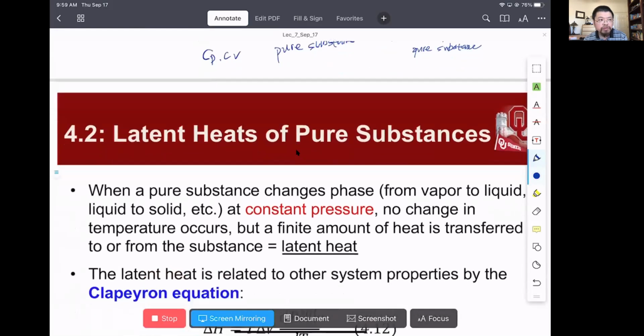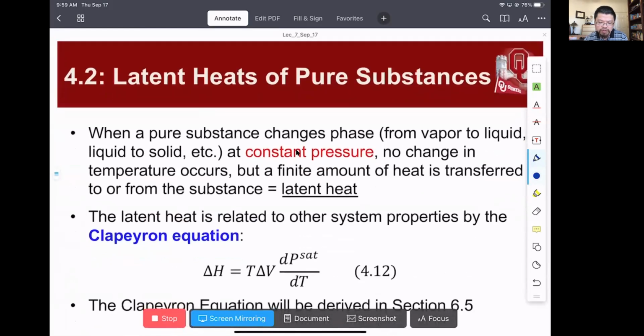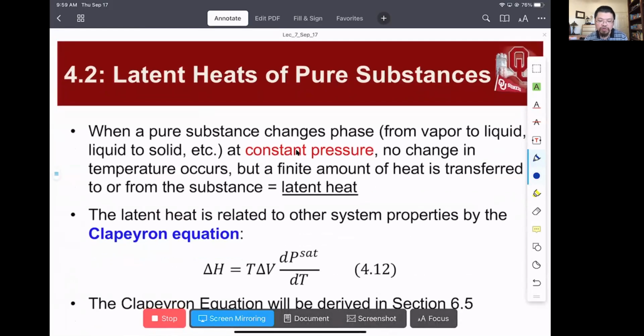But when you are moving the liquid water to vapor or the superheated steam, then we need to look at this special heat contribution during the phase change. And we call those the latent heat, right?